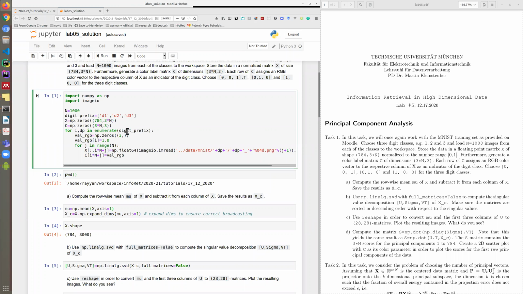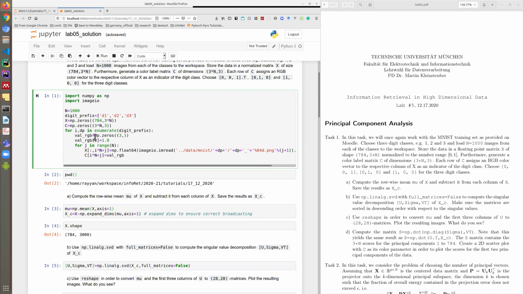The enumerate function returns not only the digit prefix but also the index. For example, it will return the tuple 0 and d1, then 1 and d2, then 2 and d3.